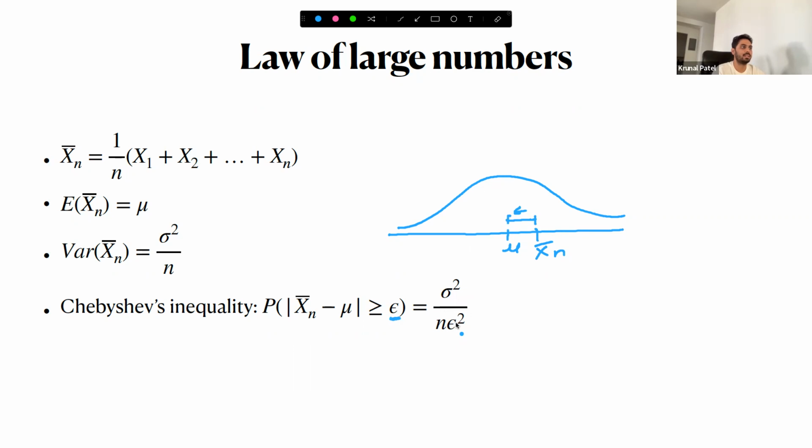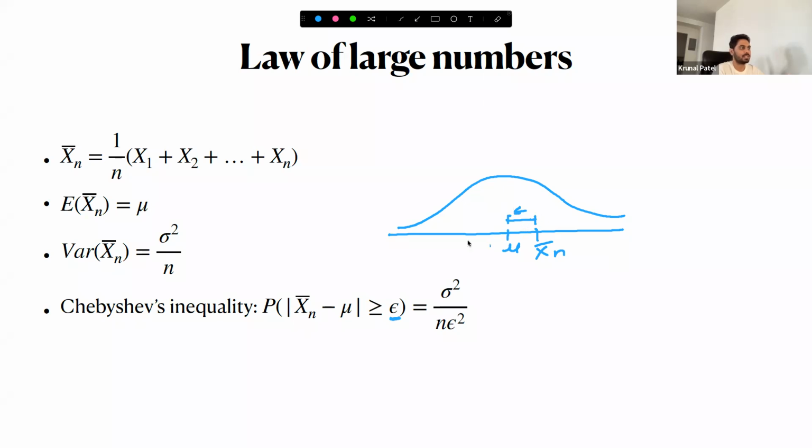If epsilon is increasing, then the probability decreases. If epsilon decreases, then this probability goes up. Okay, I messed it up, but basically you got the point, right? So epsilon square is in the denominator and n is also in the denominator. So if you take a large number of trials, then this probability basically reduces.